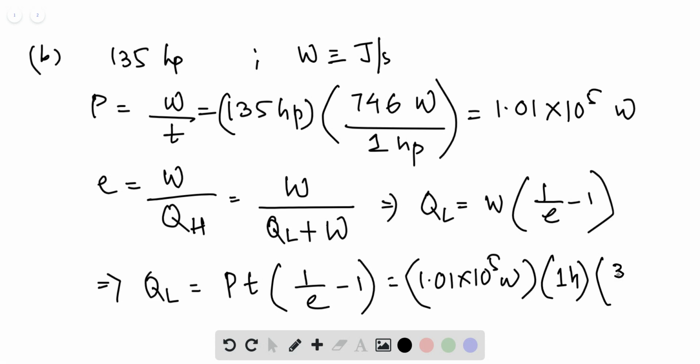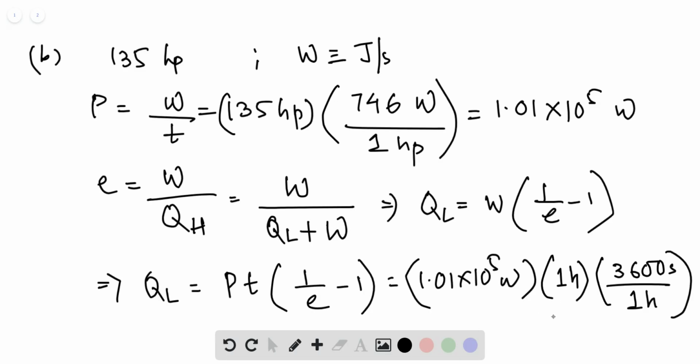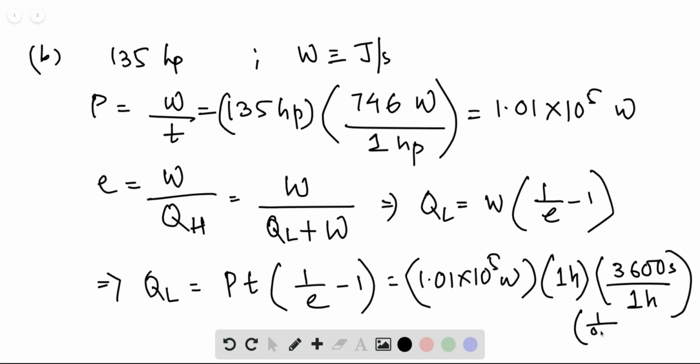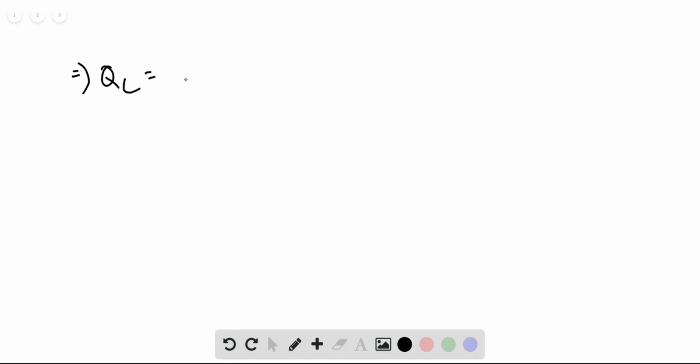So we have 3600 seconds in 1 hour, so we multiply that factor, and then we need 1 over E minus 1. Let me move on to the next page to write the full expression along with all the calculations.